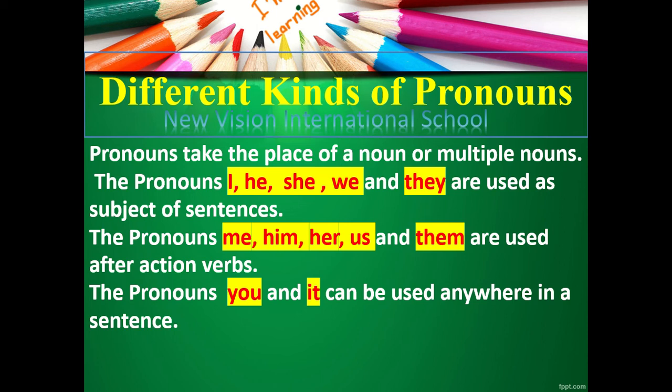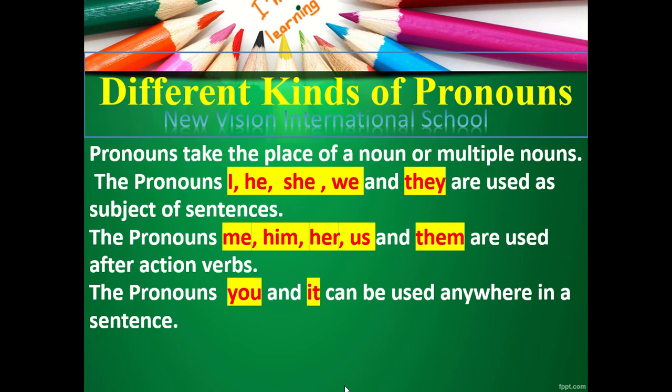The pronouns I, he, she, we, and they are used as the subject of a sentence, while the pronouns me, him, her, us, and them are used after action verbs, while the pronouns you and it can be used anywhere in a sentence.